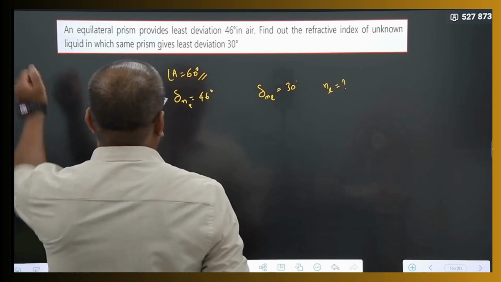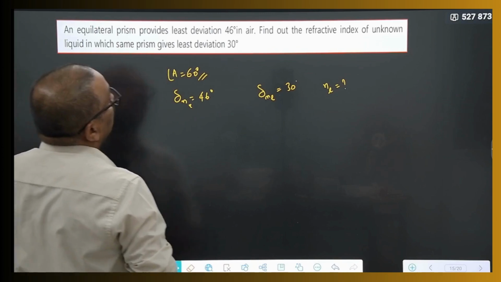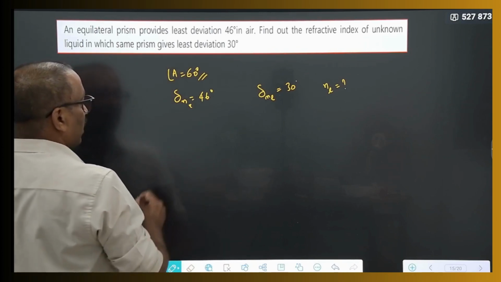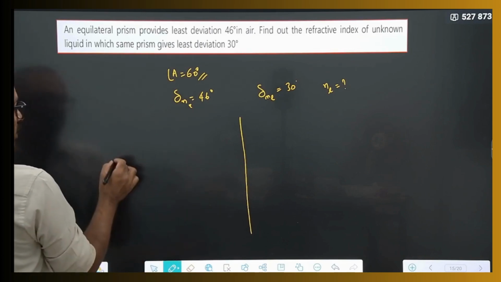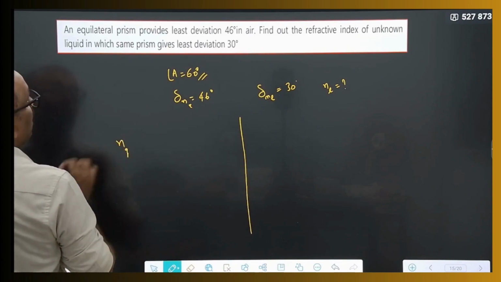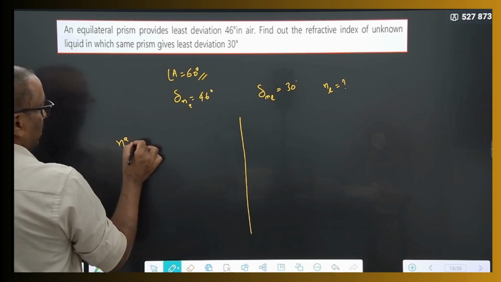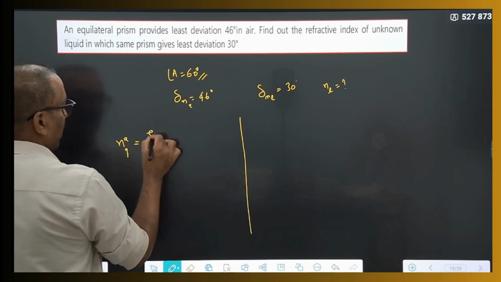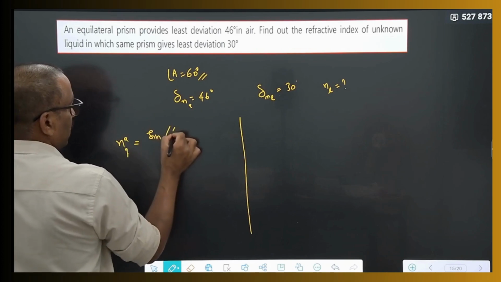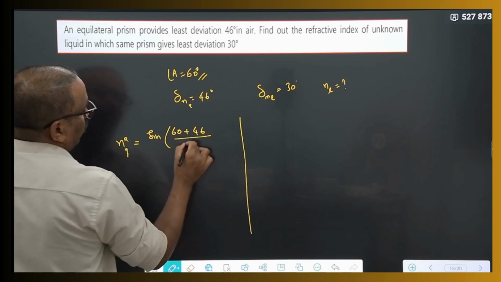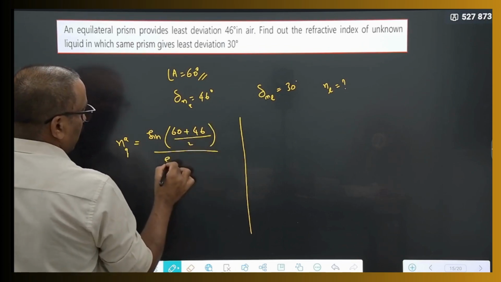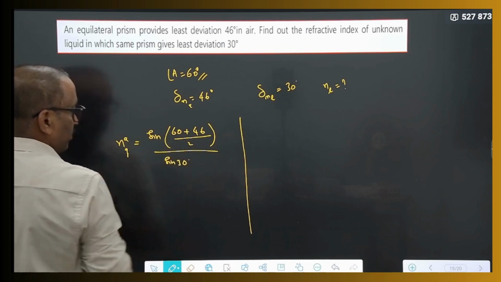Minimum deviation they are asking. So again for the minimum deviation, what is the formula? Here you can do two things. One is with respect to air: the refractive index of the glass with respect to air will be equal to sine of 60 plus 46 by 2 by sine 30. Clear?